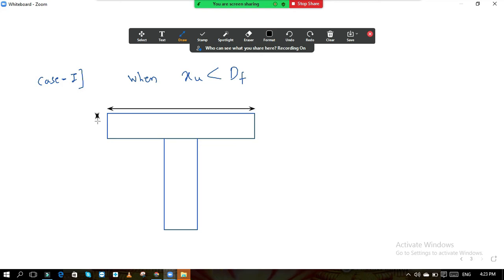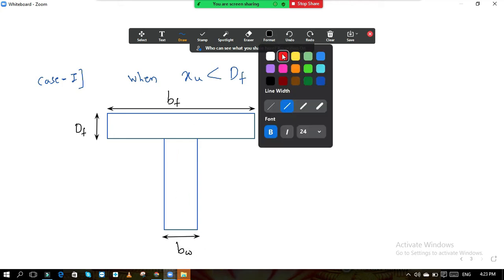Okay, this is the depth of the flange. This is width of the beam. Okay, and you know that overall depth. So this is your BF. BF is width of flange. So I have right here BF. DF. DF is the depth of flange. F stands for flange. Now this is the width of web, so I will write BW. This is the width of web.